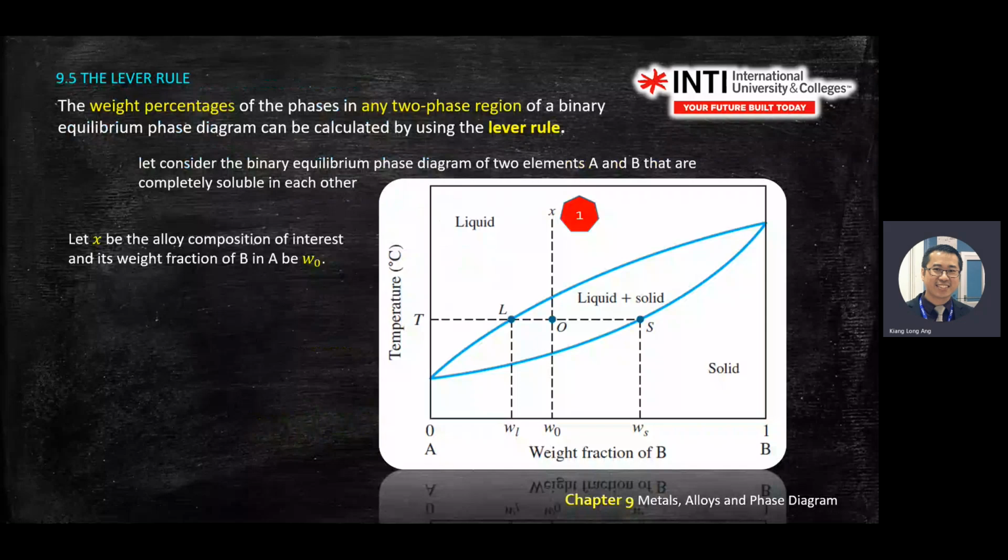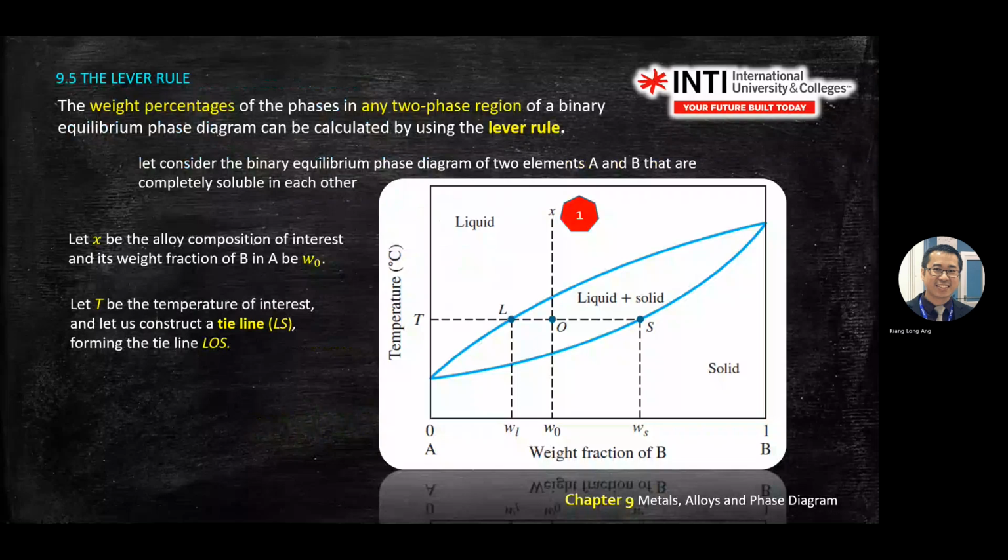You use level rules at a certain percentage. You look at the temperature of your interest, you fix that line. This is called tie line. Okay, draw the tie line. So I will write something on the whiteboard. First step.